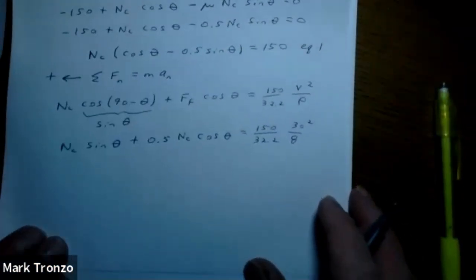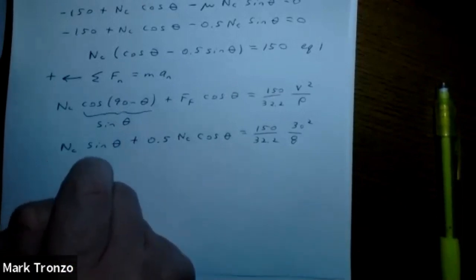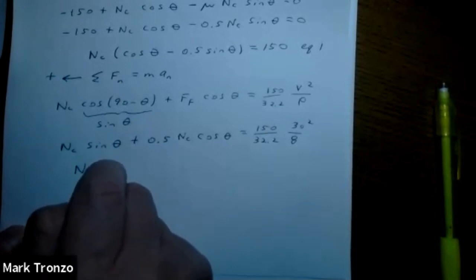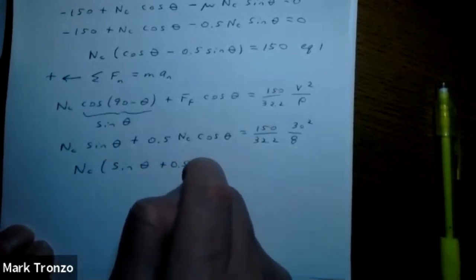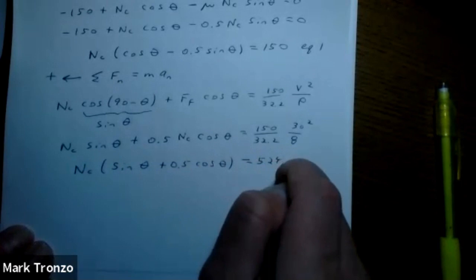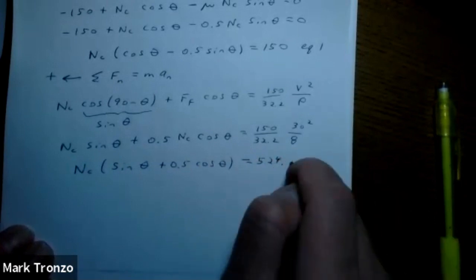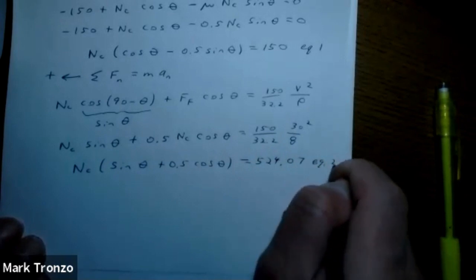And so if we work this all out, this is NC times sine theta plus 0.5 cos theta equals 524.07. And we'll call this equation 2.